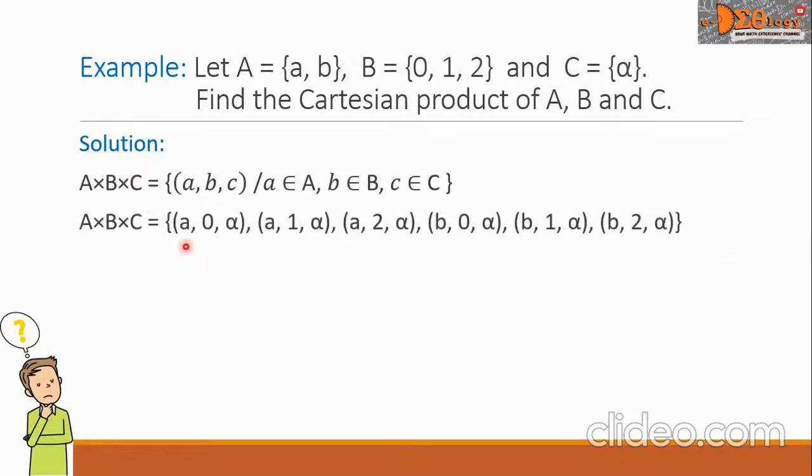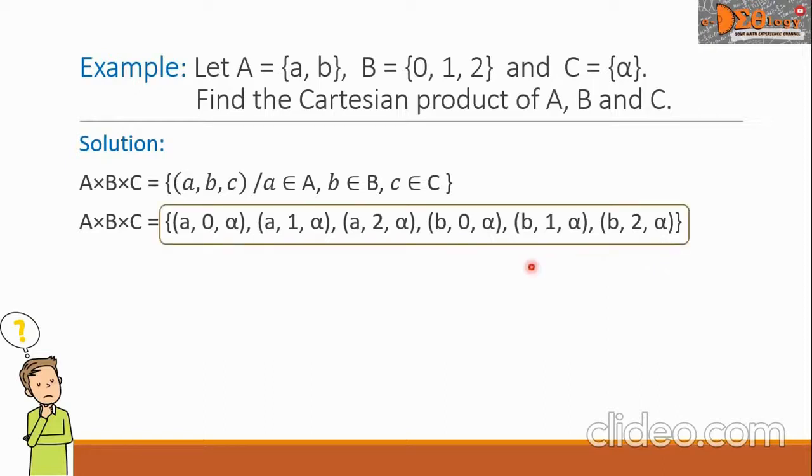The first is (a, 0, α), second (a, 1, α), third (a, 2, α), fourth (b, 0, α), fifth (b, 1, α), and the last (b, 2, α). This is the final answer.